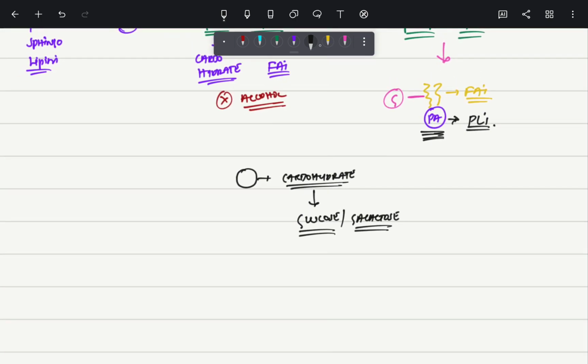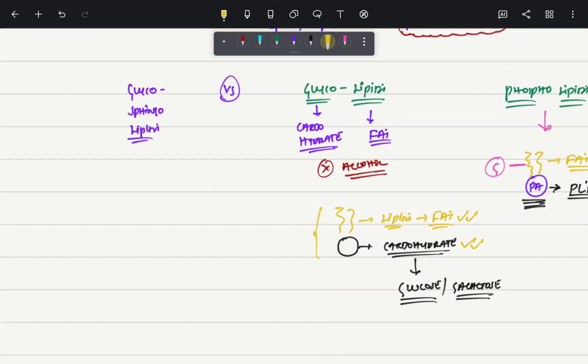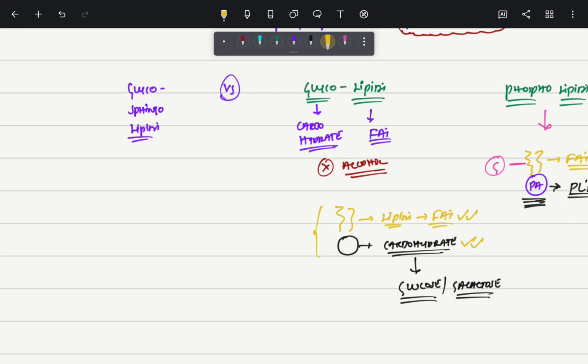Okay, and to this carbohydrate there are lipids such as your fatty acids, and this entire thing is called your glyco, which is your carbohydrate, and lipid, which are your fatty acids. So that was the structure of a glycolipid.